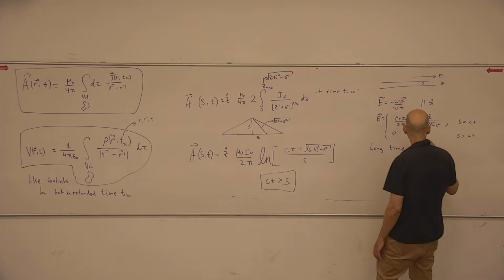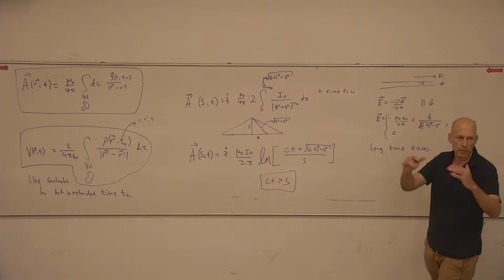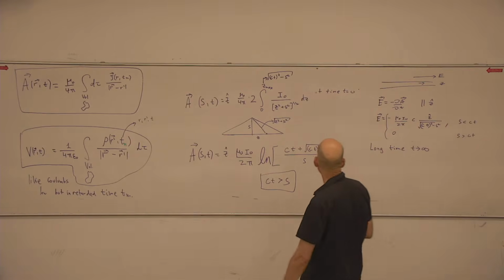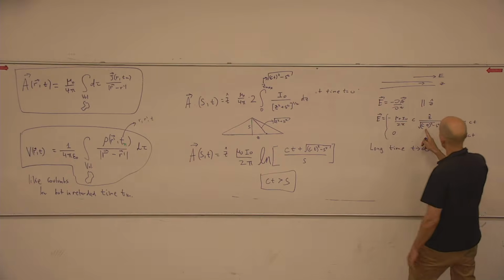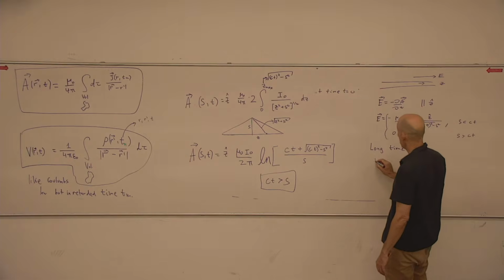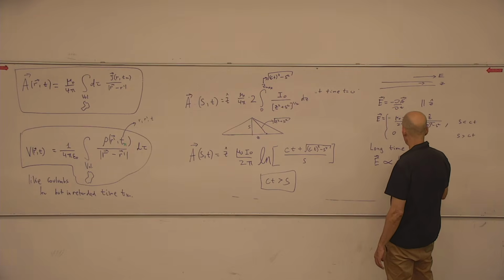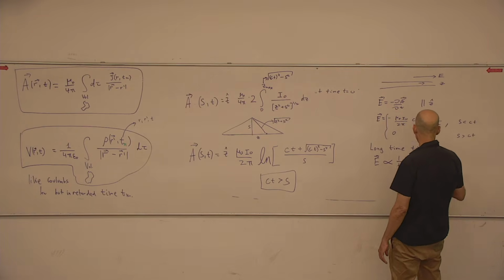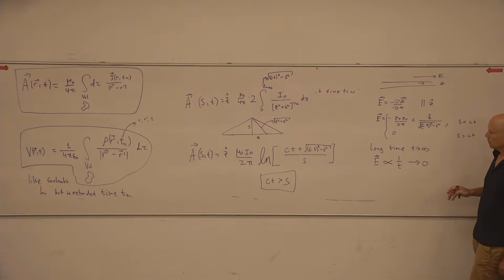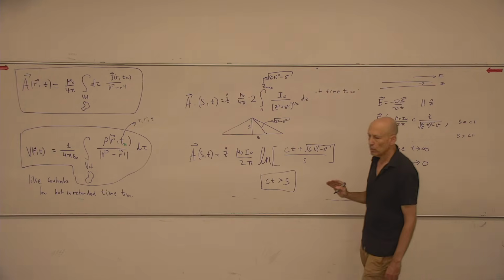And what do I mean by long time? That s is fixed. It's some distance, and you're not changing it. At long time, this decays, and you see how it decays. E is proportional to 1 over t. Eventually, it will go to 0.